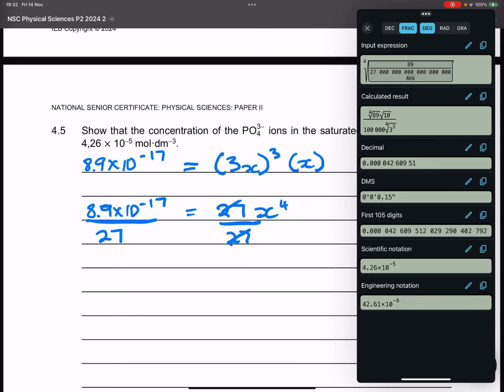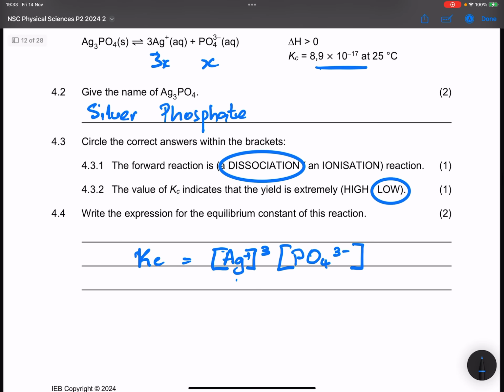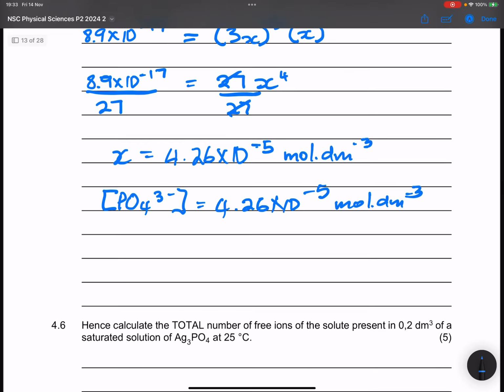So X in this case gives us 4.26 times 10 to the power negative 5 moles per cubic decimeter. But what did we name X? That was the amount of phosphate ions. So the concentration of our phosphate ions will be equal to 4.26 times 10 to the power negative 5 moles per cubic decimeter. I hope that is clear, ladies and gents.